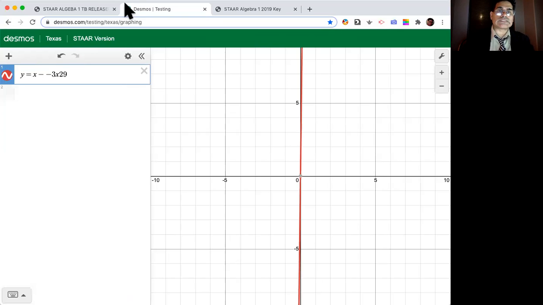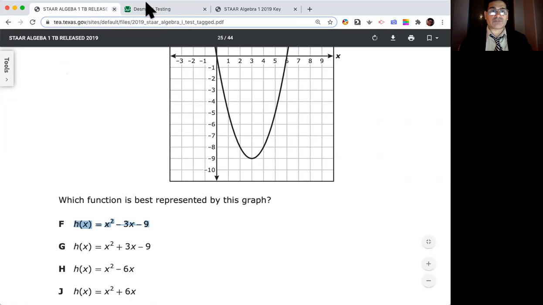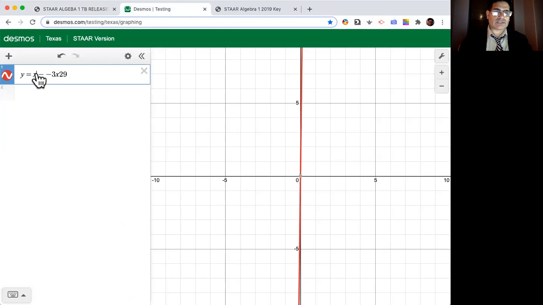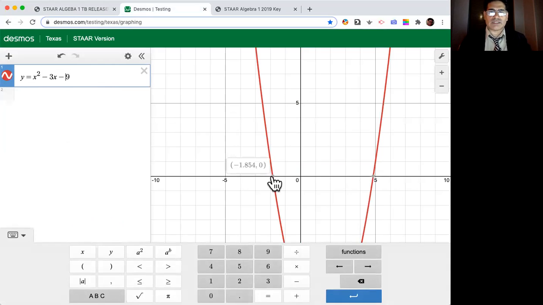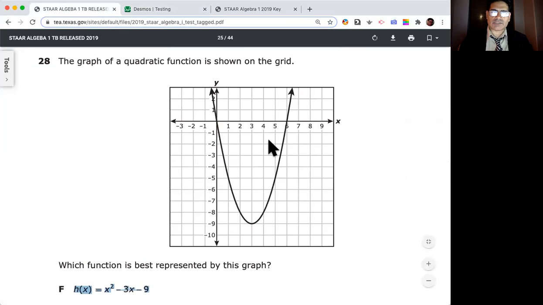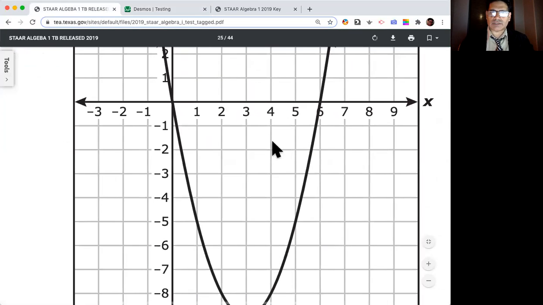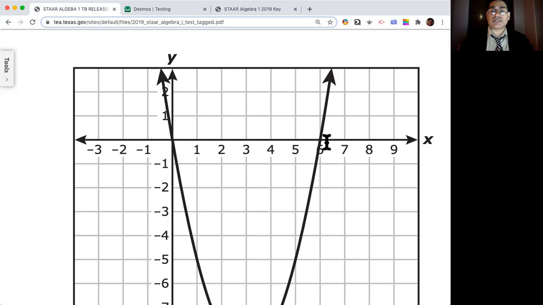y equals x squared minus 3x minus 9. Okay, let's see. I guess we should record that, given the zeros of 6 and 0, 0.